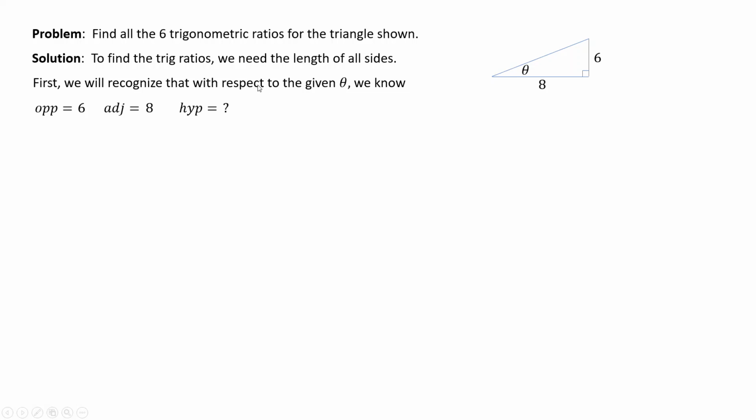Sine theta, we know, is opposite over hypotenuse. But how can I find the sine theta if I don't know the hypotenuse? Yeah, you can find it. You remember that good old Greek guy?